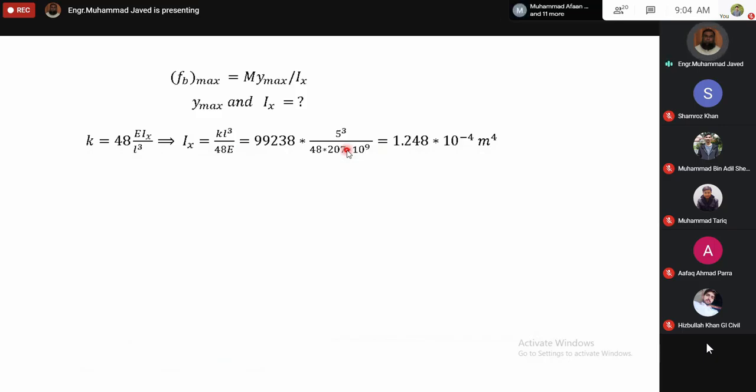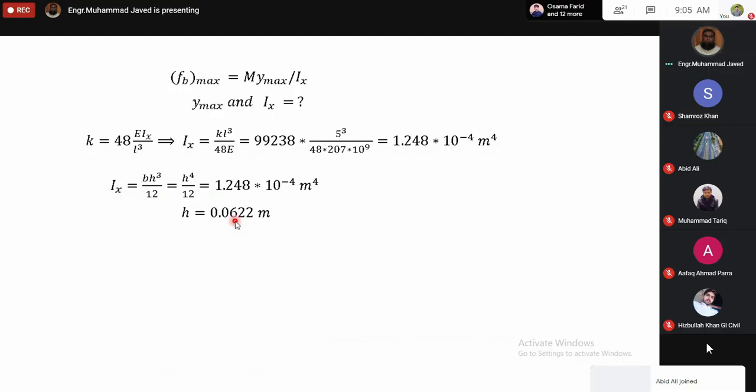Since the section is square, B will be equal to H. If B is equal to H, BH cube by 12 will be H4 by 12. From that, h is equal to 0.0622 meter.